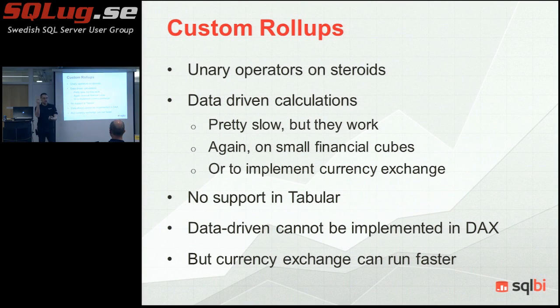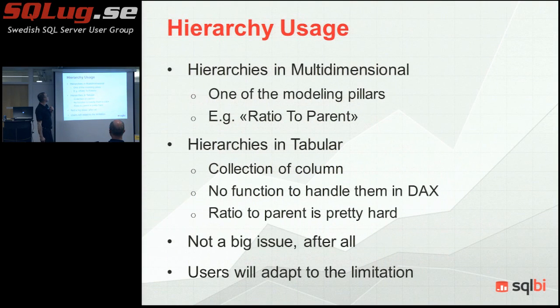So the engine takes the formula from the data and then computes it on the fly. There is no way to do that in Tabular. So if you have a parent-child, or any hierarchy which uses custom rollup, simply forget about Tabular. It's one of the scenarios where it is far, far better to go in multidimensional. Or you can try Tabular, but you probably aren't going to do anything really interesting. The customer will not be very happy.